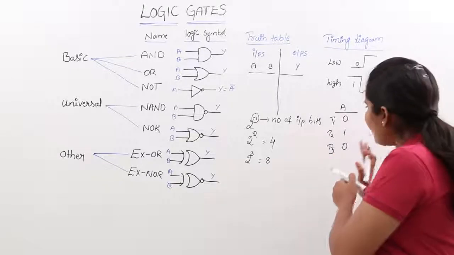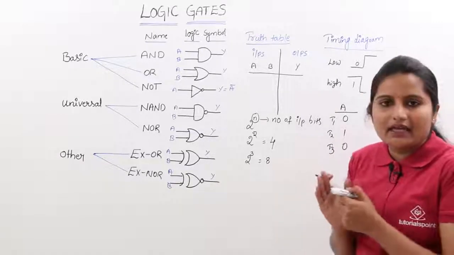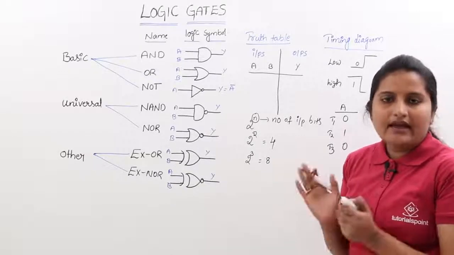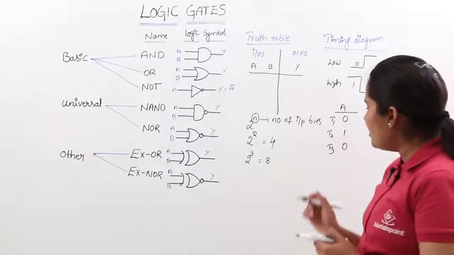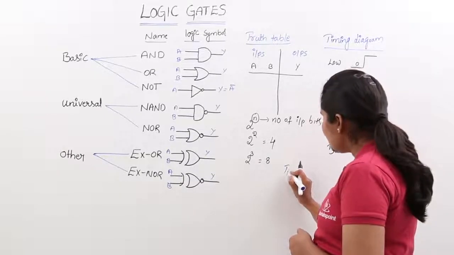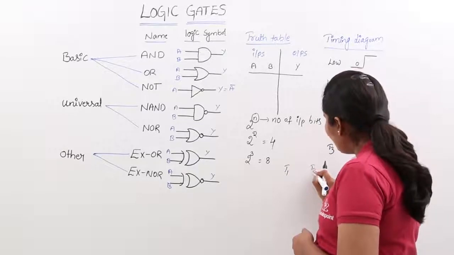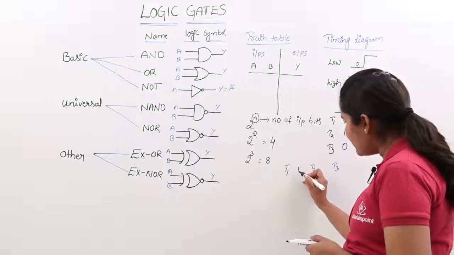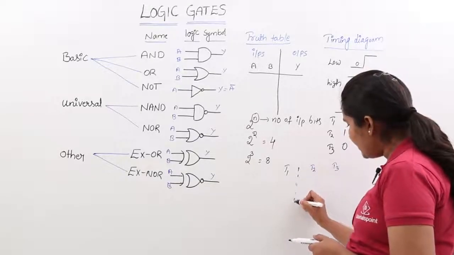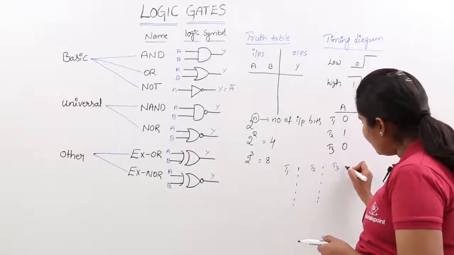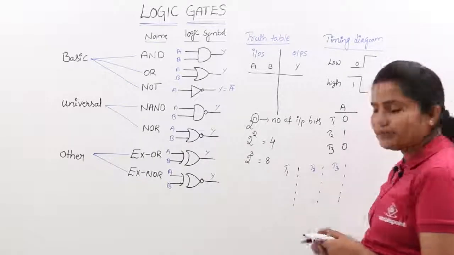First of all, you need to take the time periods, that means T1, T2 and T3. I am just taking the barriers like this. T1 is up to here, T2 is up to here, and T3 is up to here.